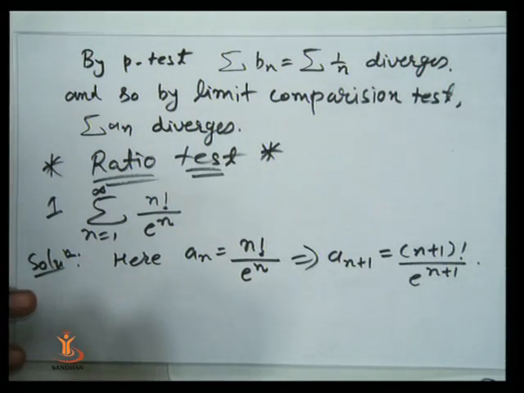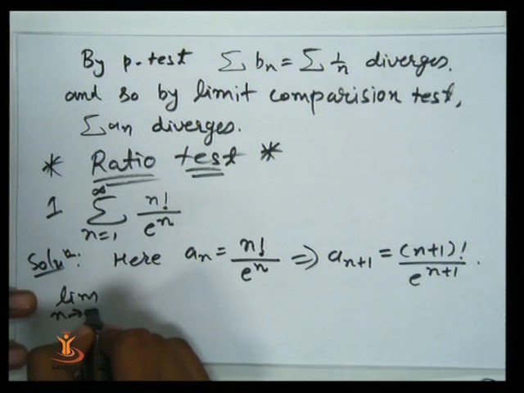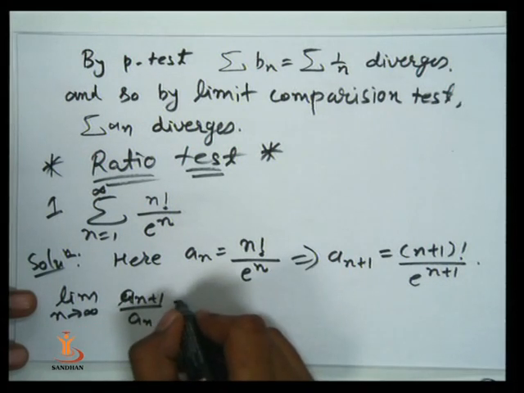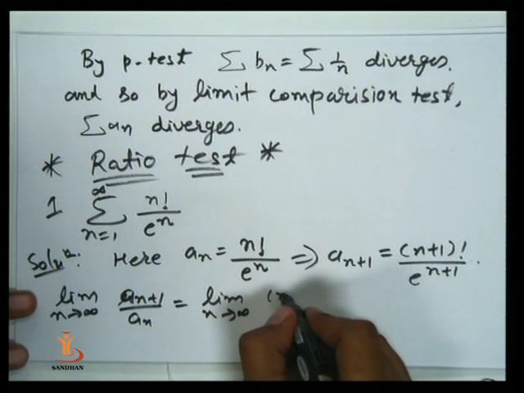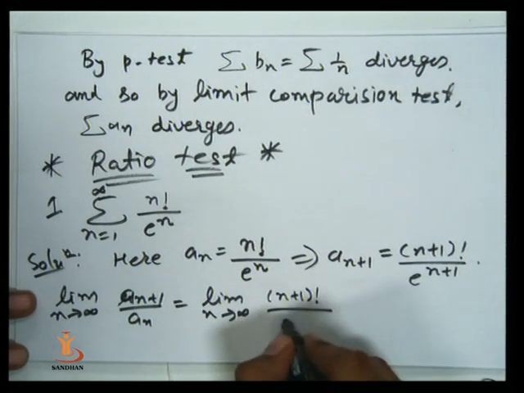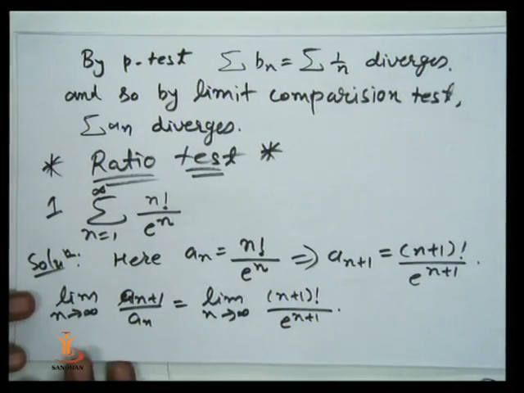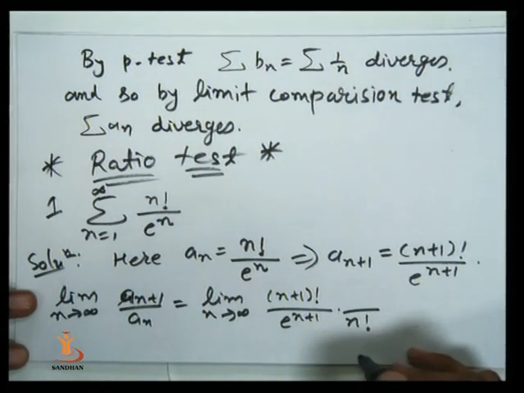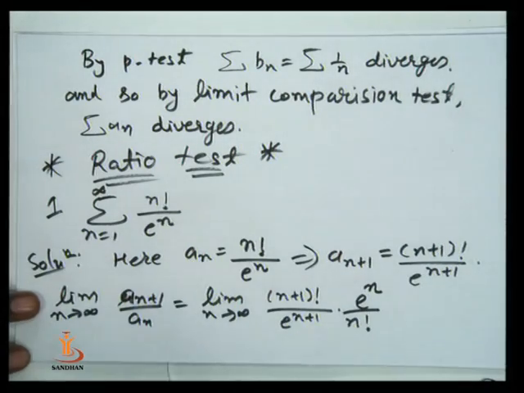Now to use the ratio test, we have to calculate the limit as n tends to infinity of a n plus 1 upon an, that is equal to the limit of n plus 1 factorial divided by e raised to n plus 1, divided by an. Since an is n factorial upon e raised to n, the denominator of the denominator becomes the numerator, so it will be e raised to n upon n factorial.